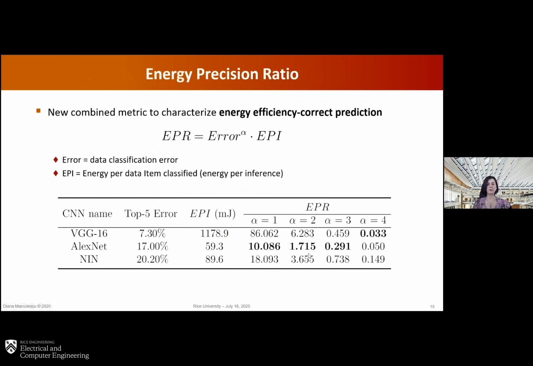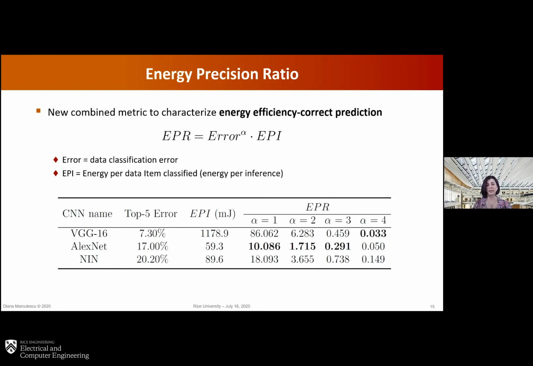And I would like to point out one more thing. Many times it's important to look not just at how energy efficient or how fast your model is, or how your memory footprint compares with a baseline, but at the same time we'd like to see how much energy I spend per correct inference. Because I'll give you another example from the hardware design world.